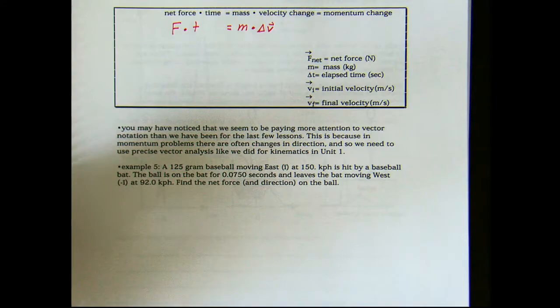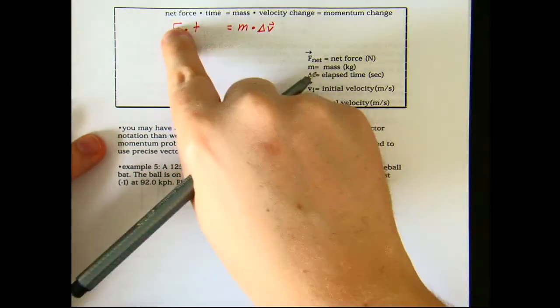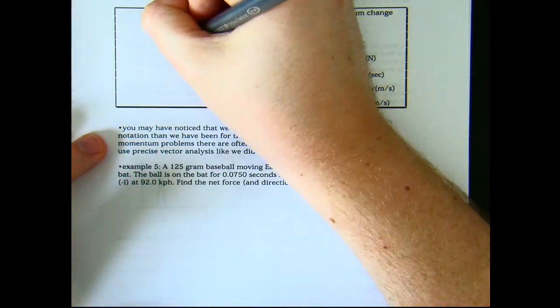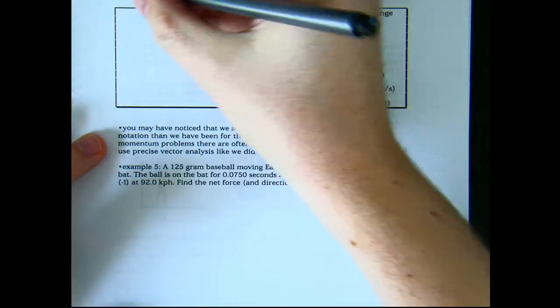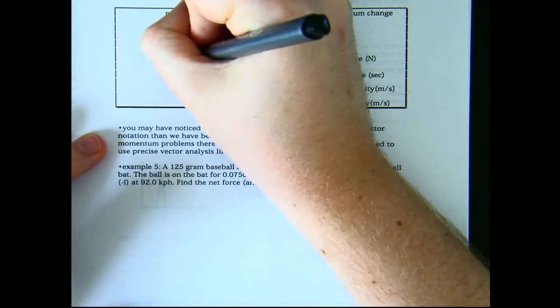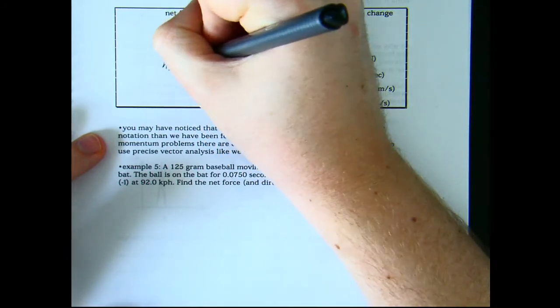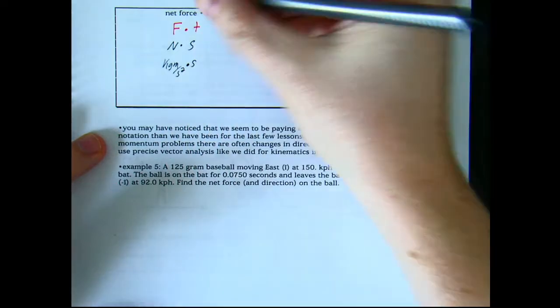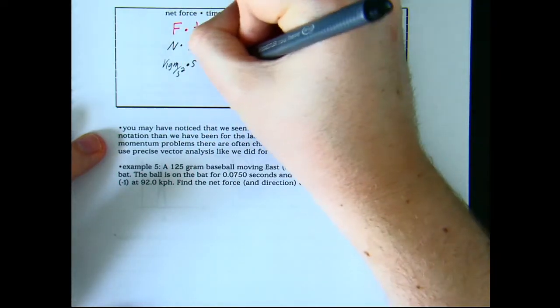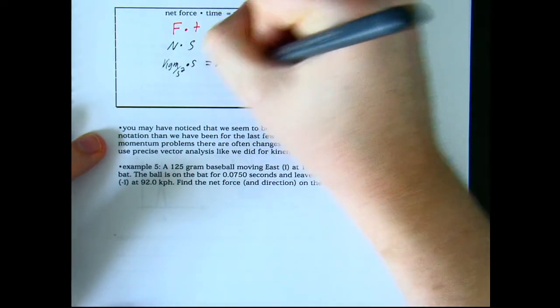Even just by looking at the unit analysis here, a force is newtons times seconds. A newton was a kilogram meter per second squared times seconds. Well, I can cancel an s on top and an s on bottom, so what I'm going to get here is a kilogram meter per second.